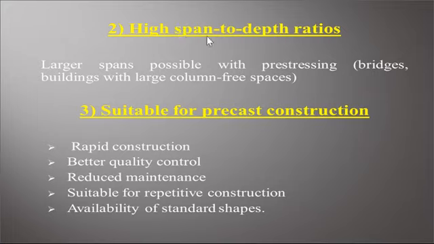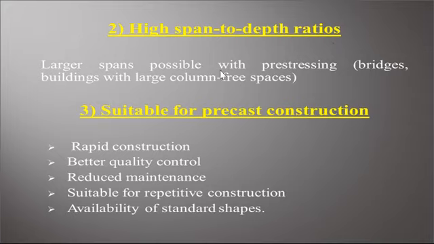Second, high span to depth ratios: due to the application of high tension wire, and the compressive stresses introduced in the concrete before application of load, we can take the benefit of a high span to depth ratio. That means the span may be up to 400 meters or more, but the depth is less, which is not possible in RCC.